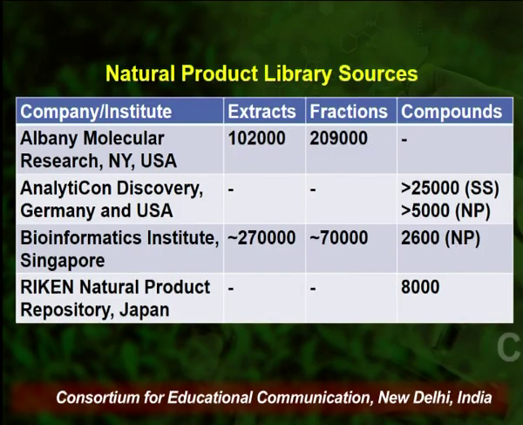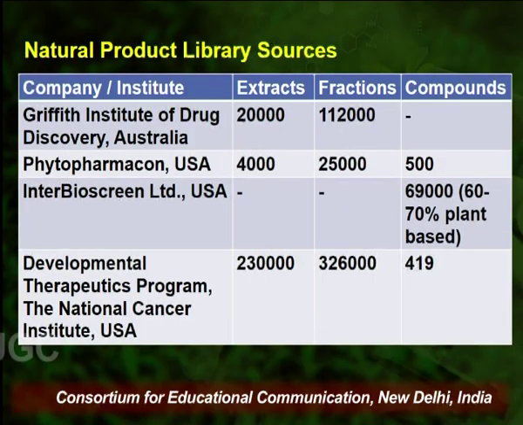As in this table we can see, Analyticon Discovery in Germany and US have more than 25,000 semi-synthetic compounds, and if we talk about the pure compounds obtained from natural products, it's merely more than 5,000 compounds. Then here also we can see that all the institutes have a higher number of fraction libraries.